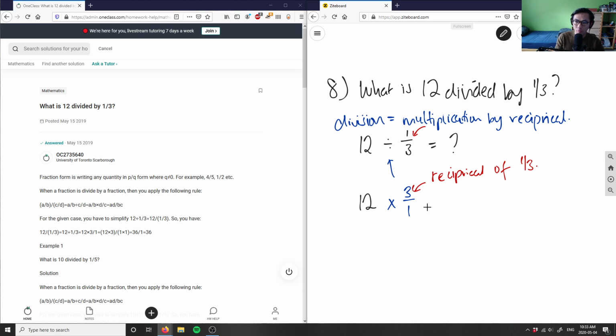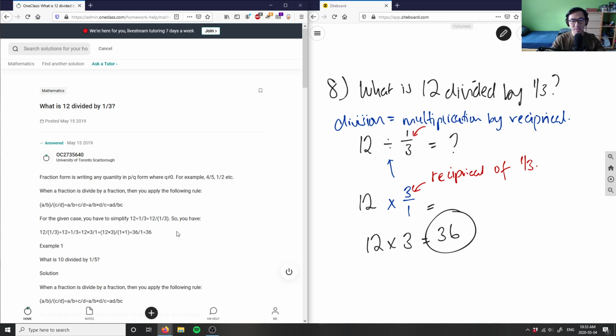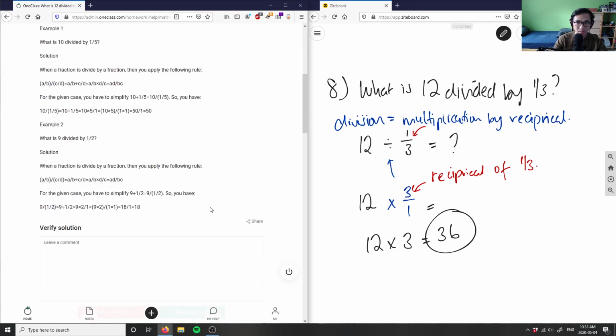And we know that 3/1 is simply 3, so we have 12 times 3, which is simply 36. So 36 is our correct answer for this problem, and as you can see, this here is also 36. So the solution here is correct.